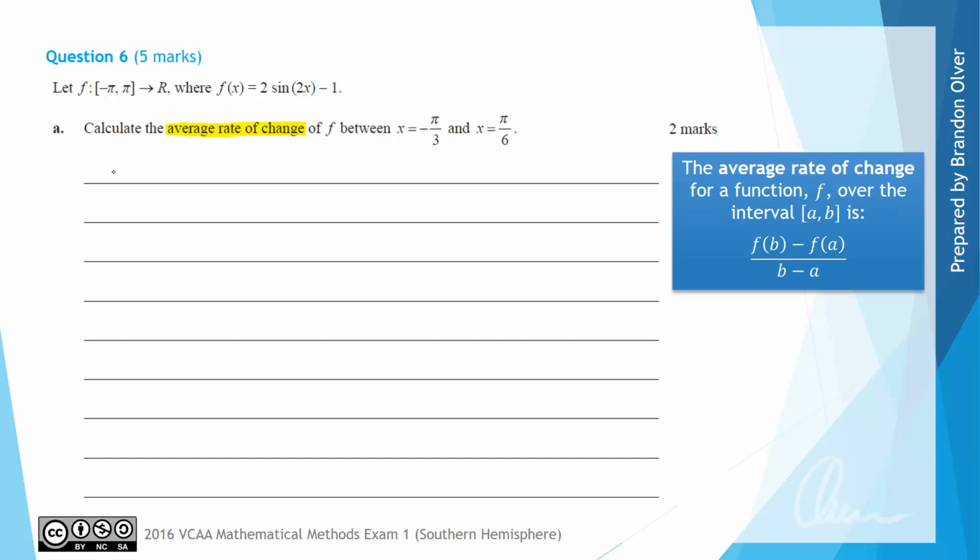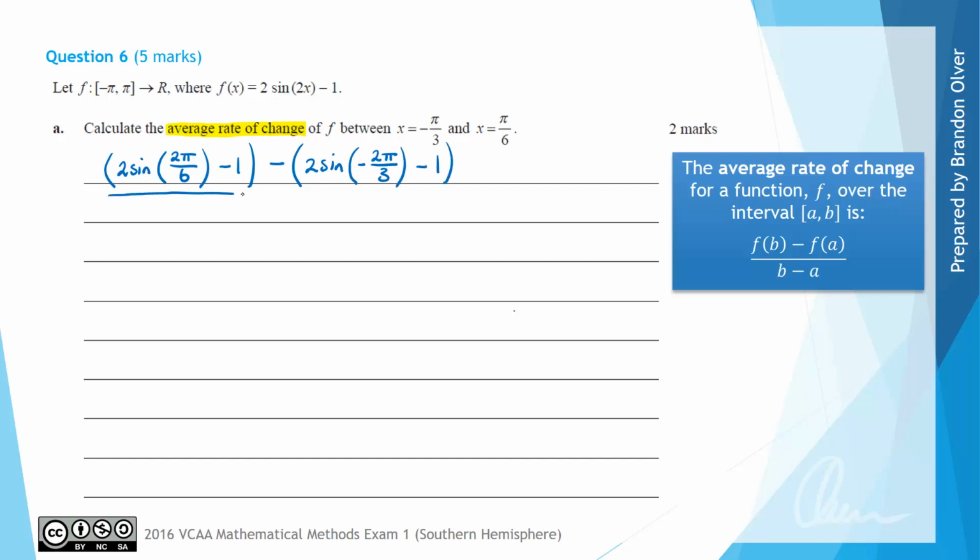So using this formula, which isn't on the formula sheet, so it's one that you'll have to remember, we would have for f of b, 2 sine of 2 lots of pi on 6, so that's 2 pi on 6 when we substitute it in, minus 1, and then we subtract away f of a, where we sub in x is negative pi on 3, so we'll have 2 sine, and when we have 2x it becomes negative 2 pi on 3, and then we still subtract 1.